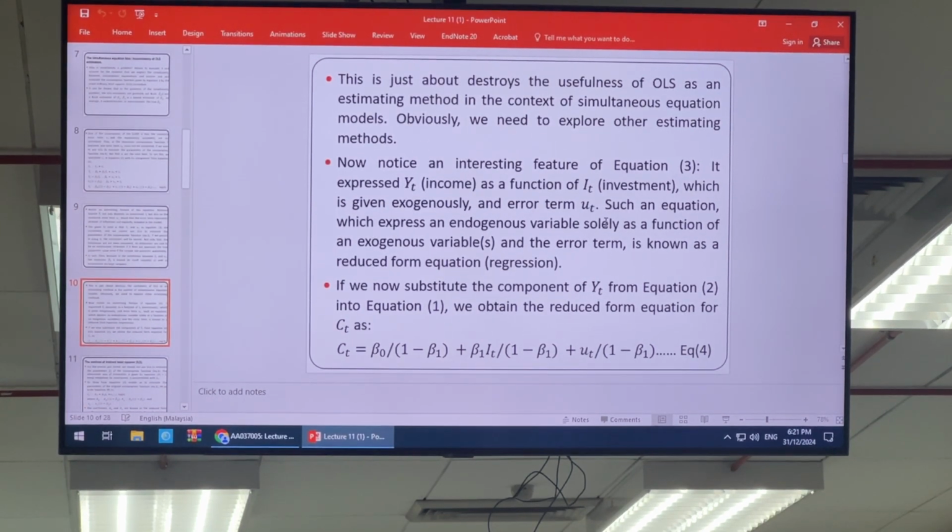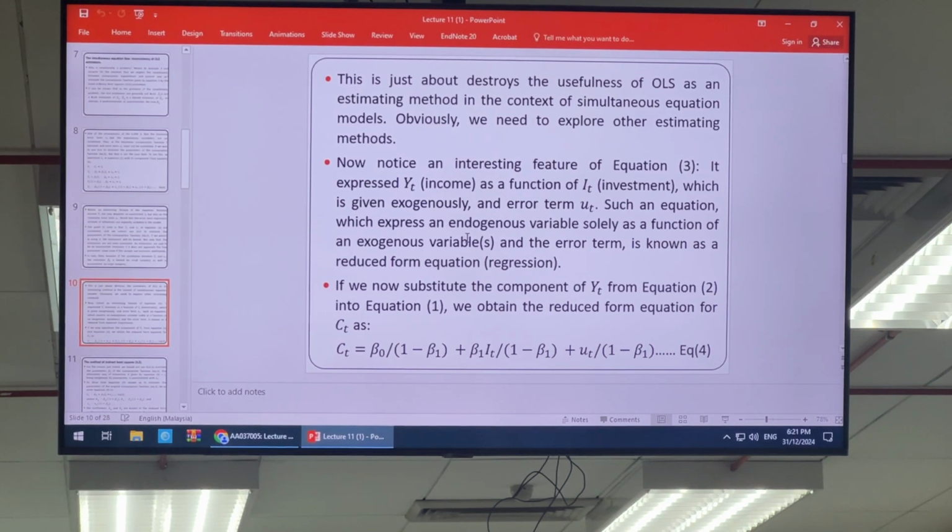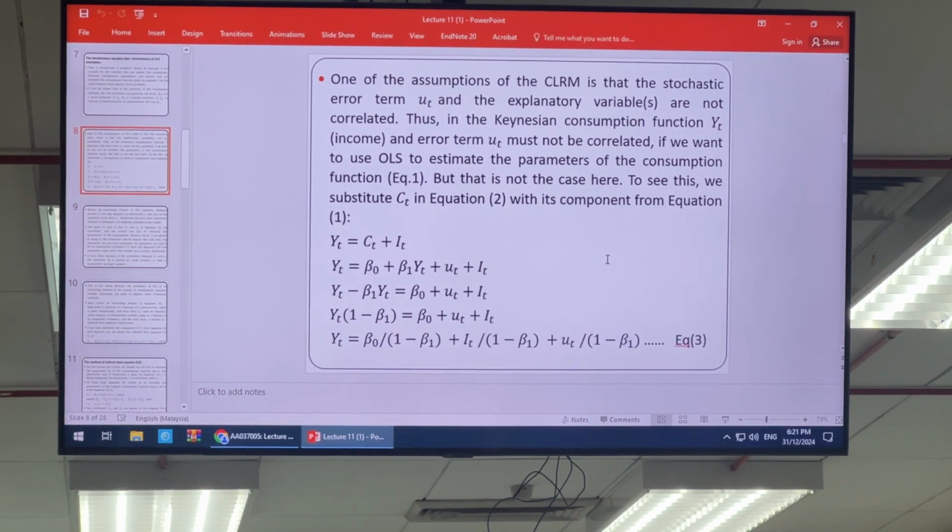So equation 3, after we substitute, is the last equation. Such an equation, which expresses an endogenous variable solely as a function of an exogenous variable and the error term, is known as a reduced form equation or regression. It's called reduced form because after we substitute, at the right hand side of the equation we only have the exogenous variable.